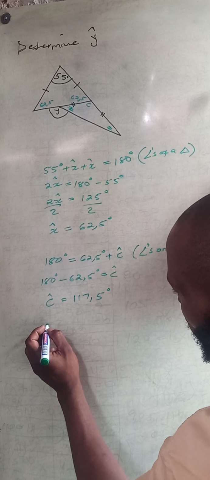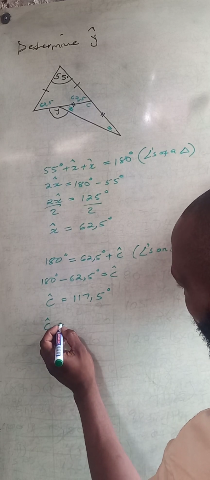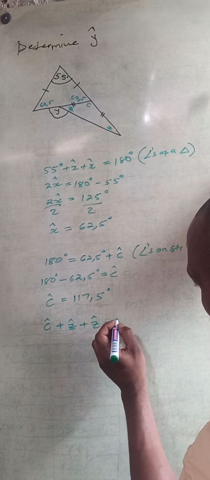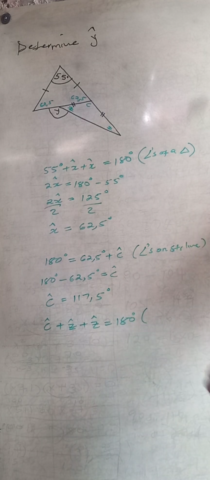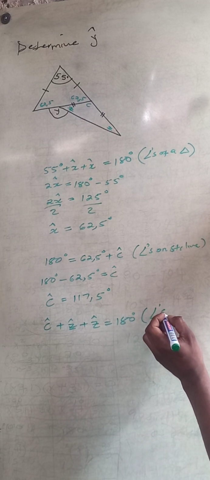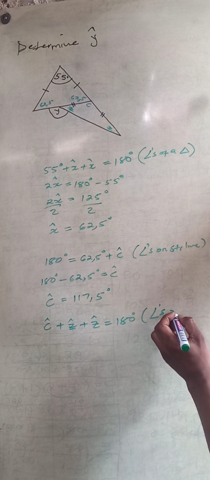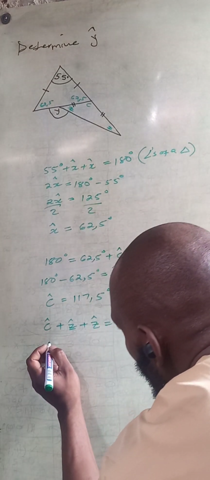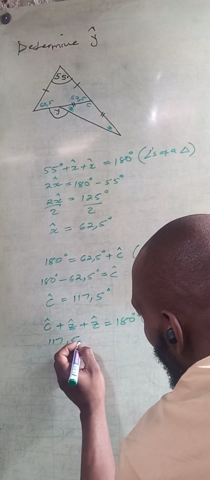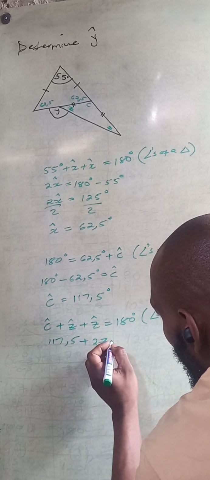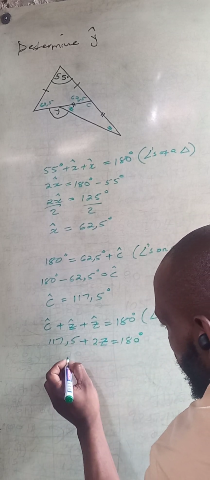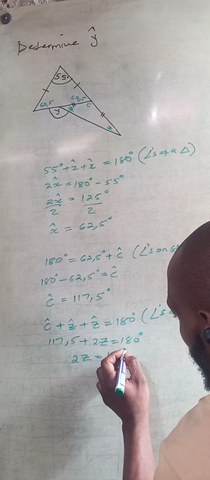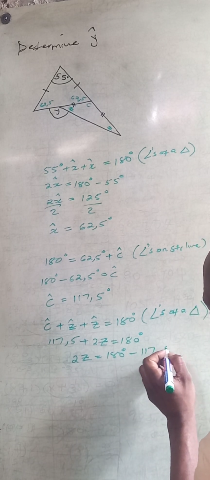But we also know that angle C plus angle Z plus angle Z add up to what? 180 degrees. What is the reason? Angles of a triangle. So 117.5 plus 2z is equal to 180 degrees. Therefore, 2z is equal to 180 degrees less 117.5.